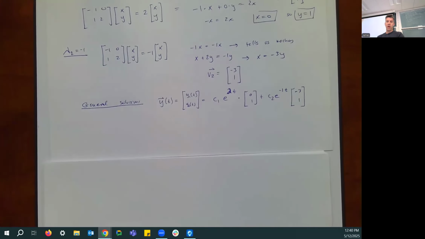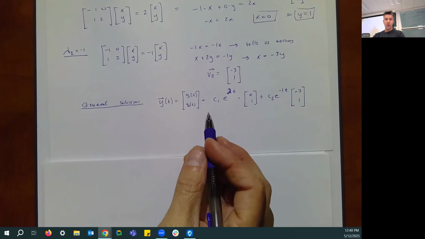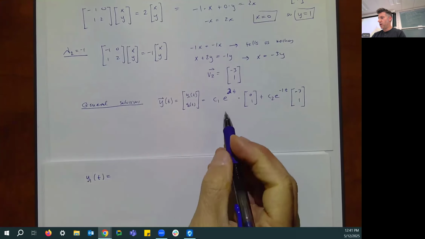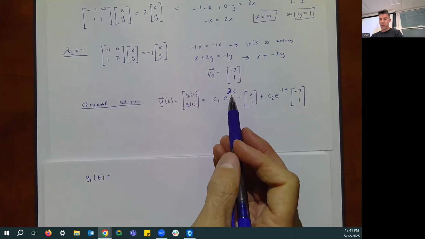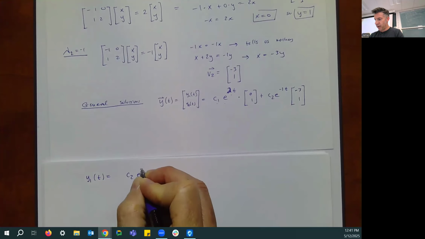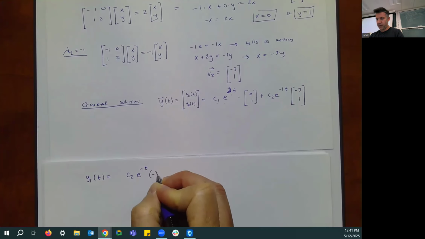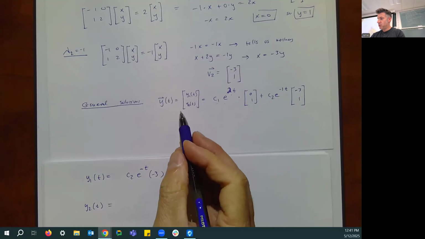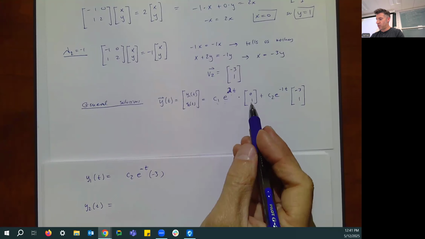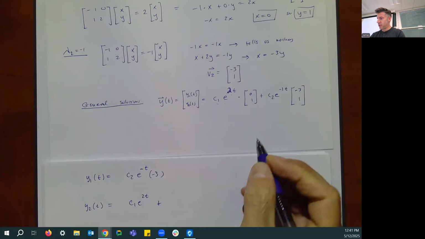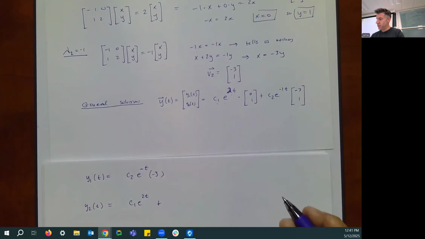So here's what we've got. Looking at this equation, my y1 is equal to C1 e to the 2t times 0 plus C2 e to the -t times -3. And my y2 is equal to C1 e to the 2t times 1 plus C2 e to the -t times 1.